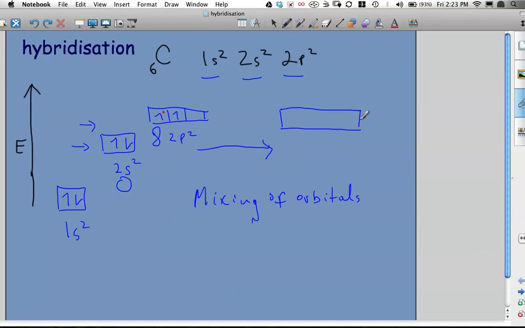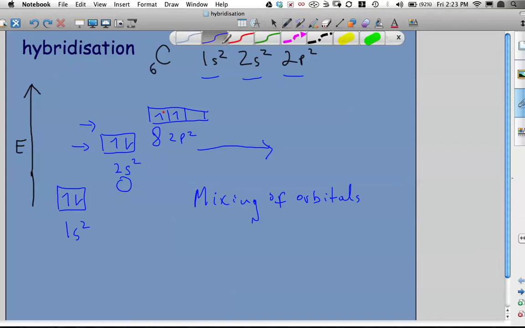Now these orbitals are slightly lower in energy than these two here. I don't know if I've shown that effectively. Actually, I'm pretty sure I haven't. I'm going to erase that. Okay, they should be lower in energy.